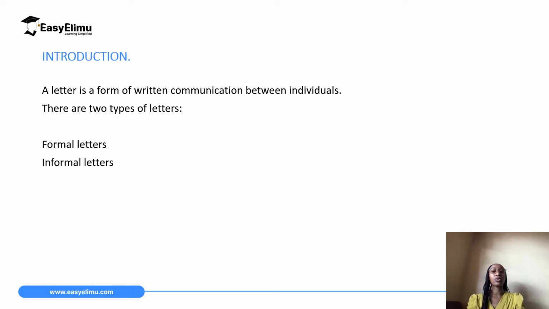So the letter that you will write requesting to be allowed to go into that factory, that is a formal letter. But for today, we are only focusing on writing an informal letter.